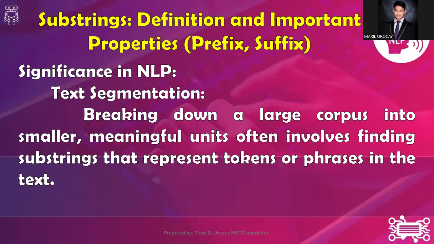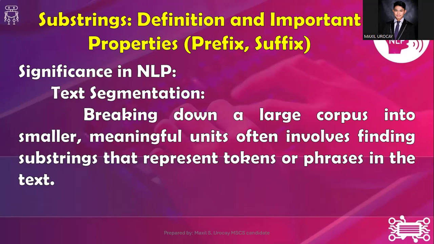By breaking down a large corpus into smaller, manageable pieces, NLP systems can more easily analyze and process the text, enabling tasks like sentence segmentation. This substring approach will really help to improve the efficiency and accuracy of fields like machine translation, sentiment analysis, and summarization.